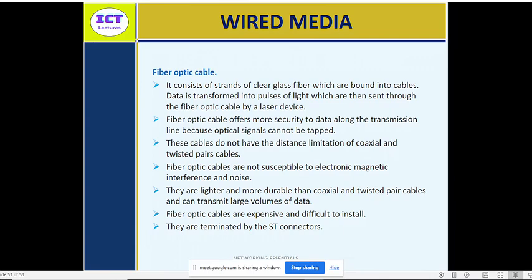It's not very easy to tap into the data that is being transmitted using fiber optic. There are people who can always plant some devices around these other cables to tap and redirect the traffic, but for fiber optic it's very, very hard.